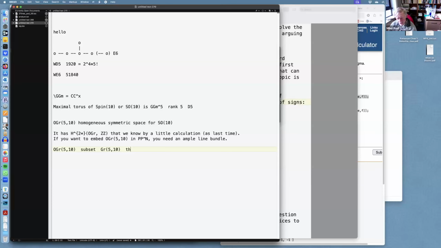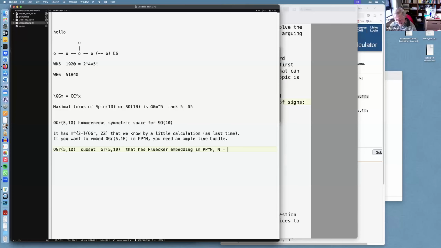This has a Plücker embedding in Pn, where this is wedge 5 of the 10-dimensional space.